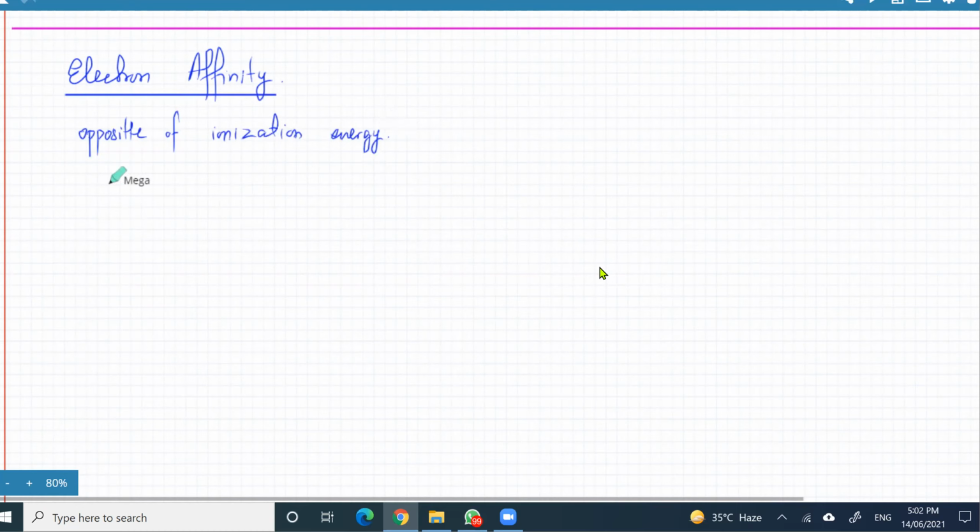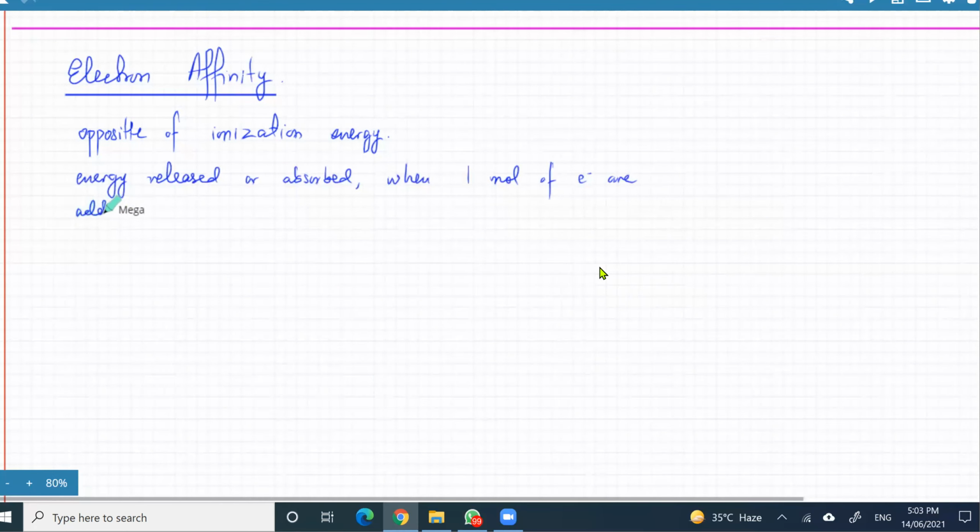Here you're trying to gain electrons, so it's the energy released or absorbed when 1 mole of electrons is added to 1 mole of atoms in the gaseous state. This could be ions as well.